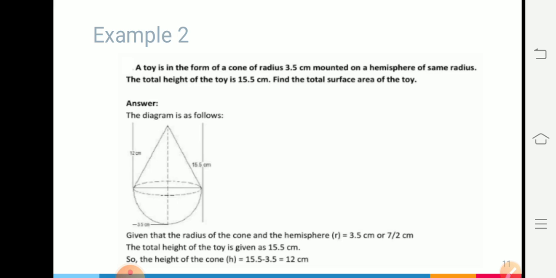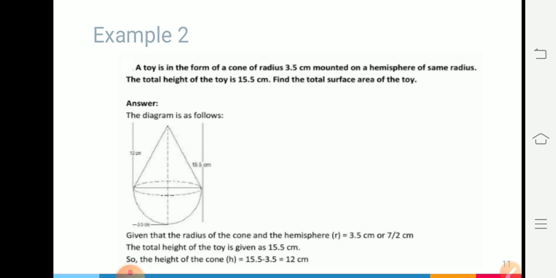A second example: a toy is in the form of a cone of radius 3.5 cm mounted on a hemisphere of the same radius. The total height of the toy is 15.5 cm. You need to find the total surface area of the toy.